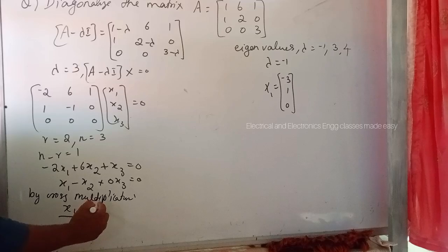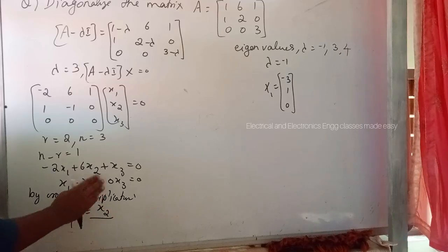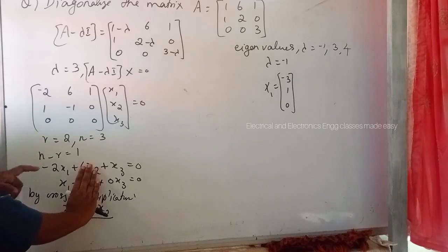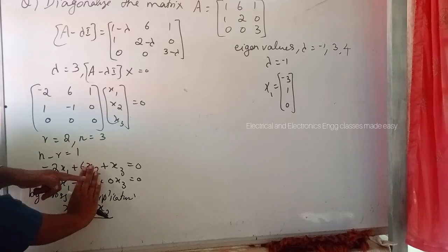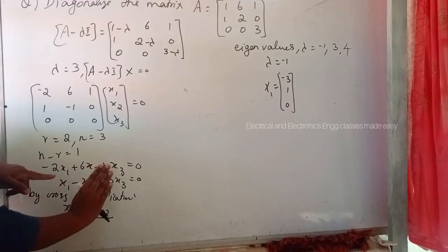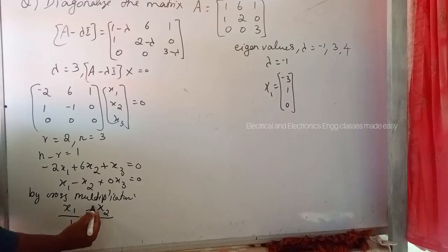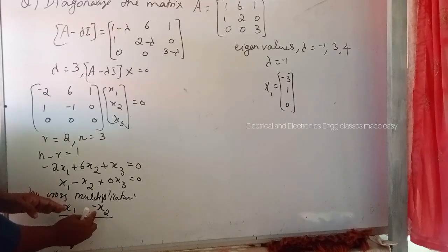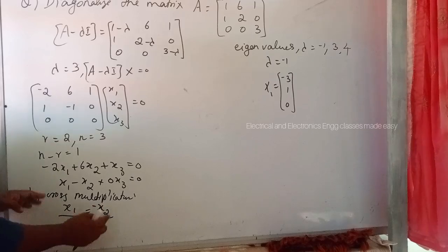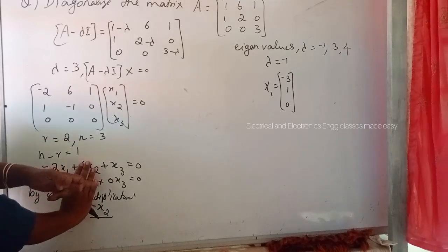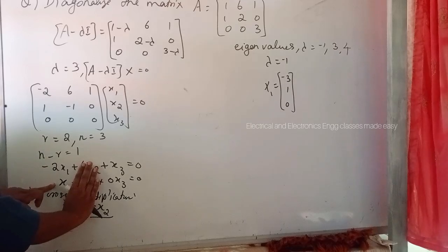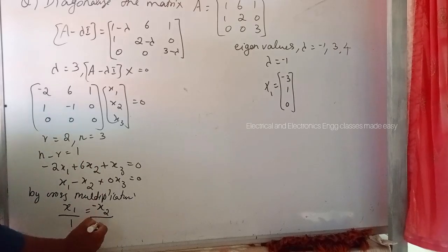Then x2 divided by the coefficients of x1 and x3: minus 2 into 0, that is 0. Here we have to put a negative, that is, the first one positive, then the next one negative.